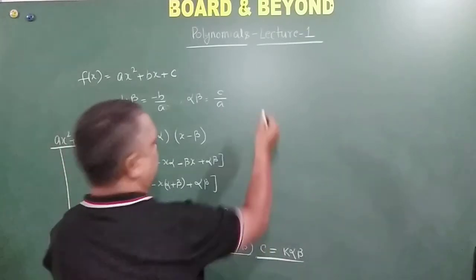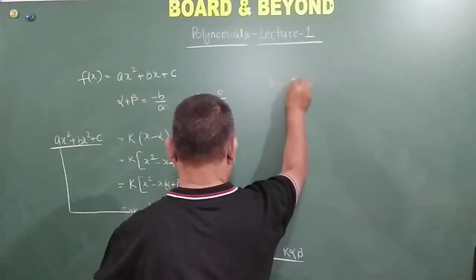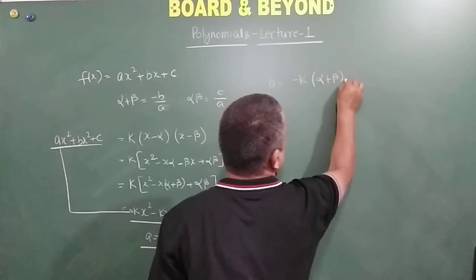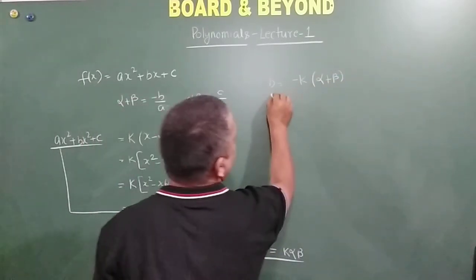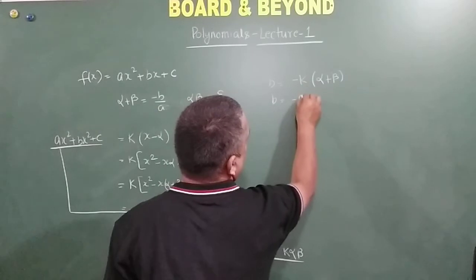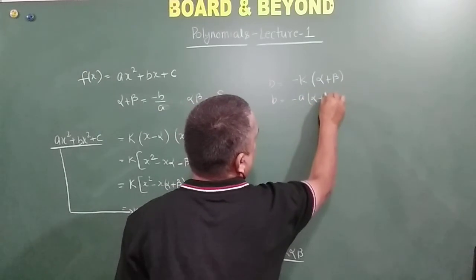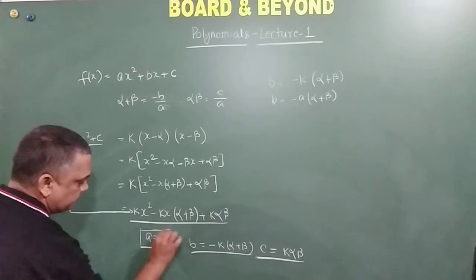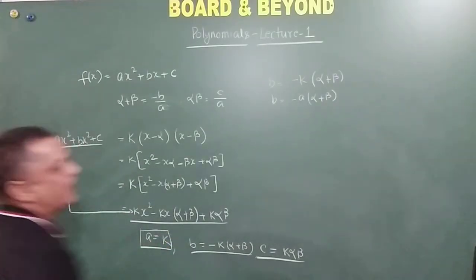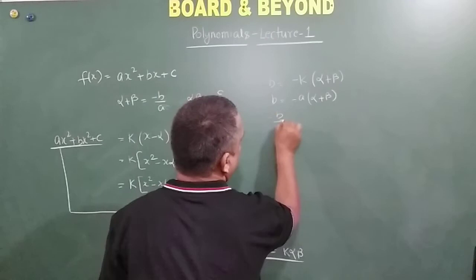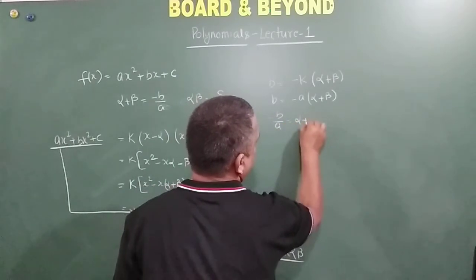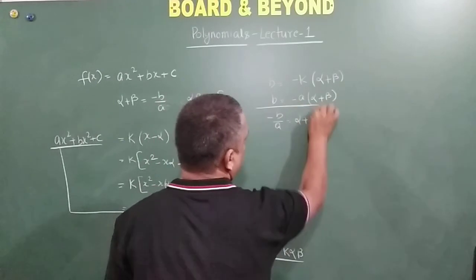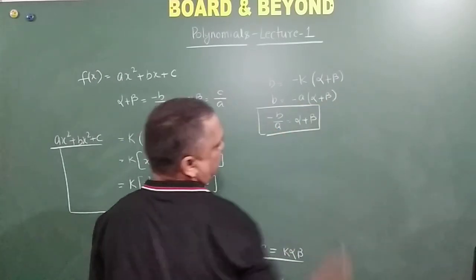Now, b is equal to minus k (alpha plus beta). Right friends? So we can also write b is equal to minus a (alpha plus beta). How we can write that? Because a is equal to k. So it is minus b by a is equal to alpha plus beta. Let me encircle it.